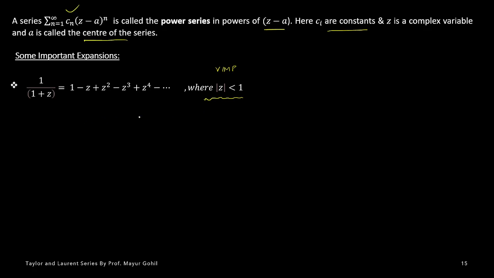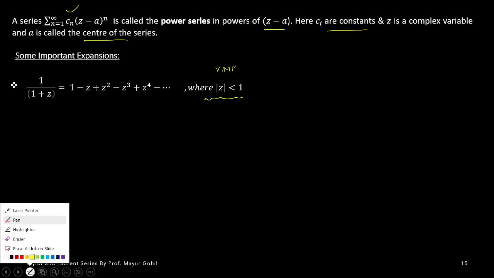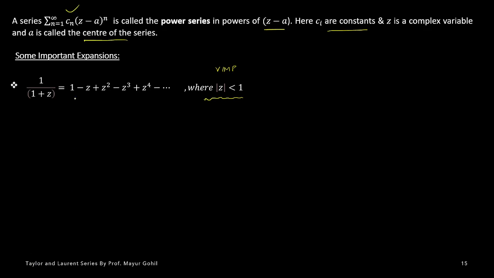Another thing over here is that this entire thing is called the expanded form of 1 upon 1 plus z. It is the expansion in the powers of z. So this is called the expanded form. There is one more form over here which I would like to mention.